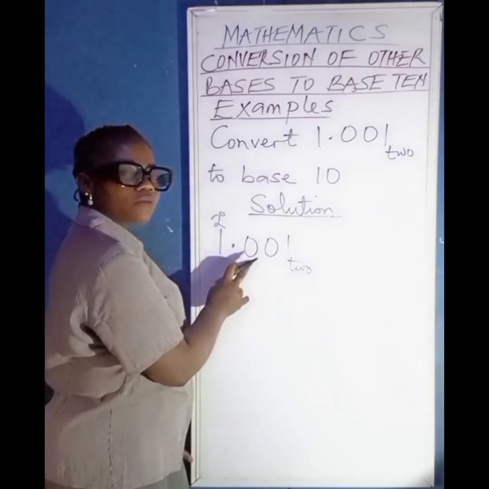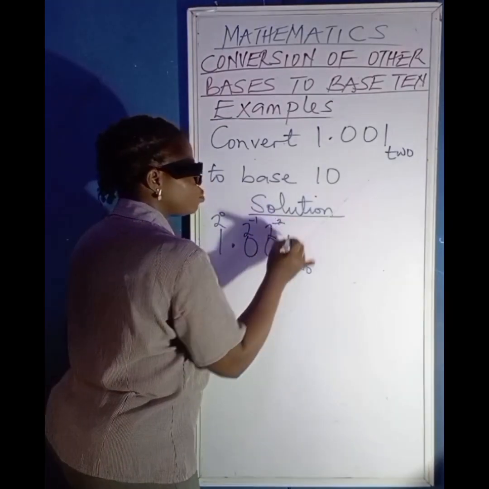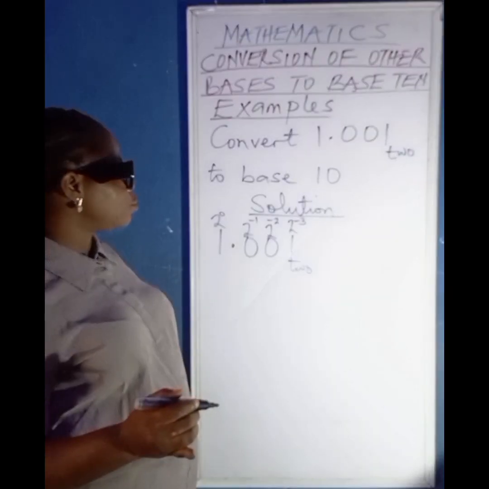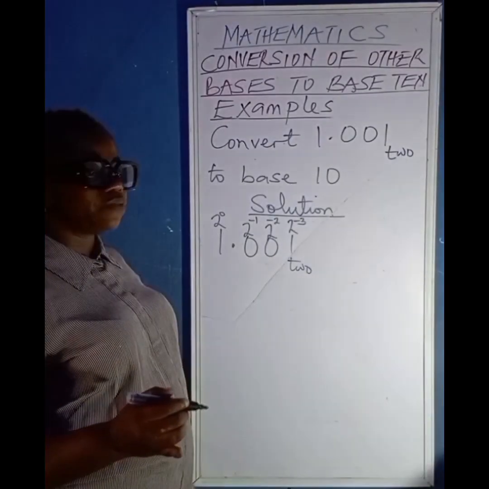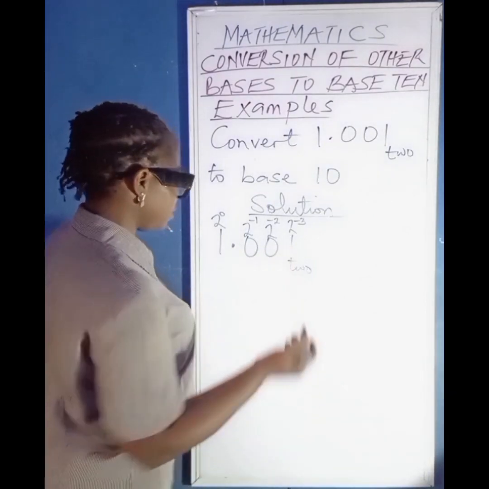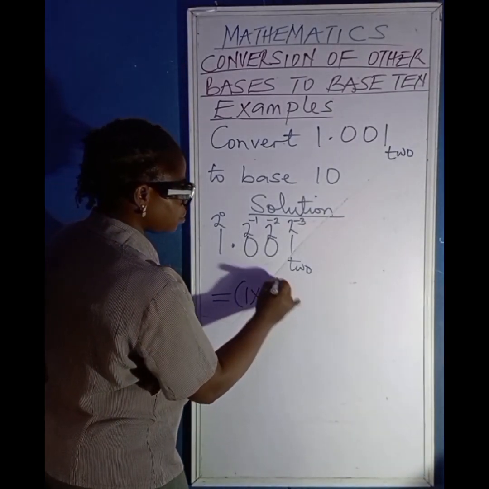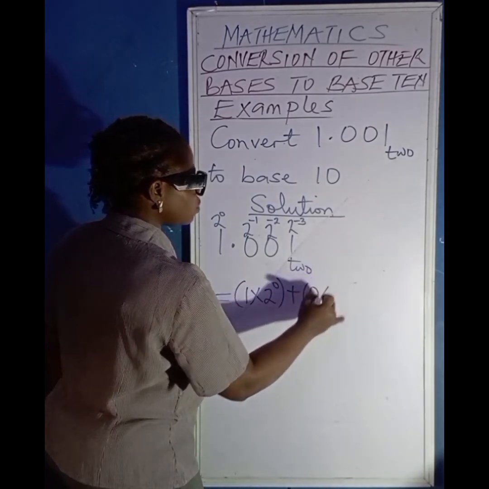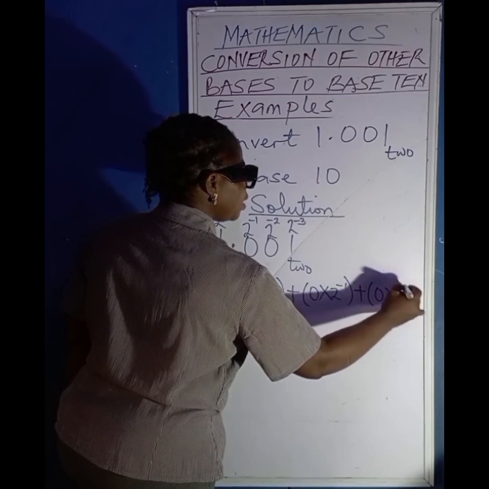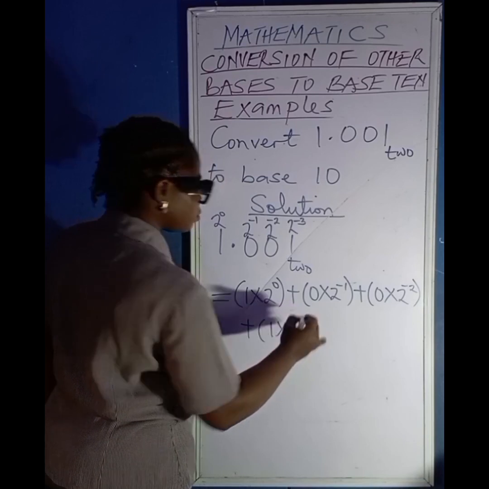The place value of this 0 is 2 raised to power minus 1, this is 2 raised to power minus 2, and this one is 2 raised to power minus 3. Those are the place values. So we will use the place values to convert from base 2 to base 10. Here I have 1 times 2 raised to power 0, plus 0 times 2 raised to power minus 1, plus 0 times 2 raised to power minus 2, plus 1 times 2 raised to power minus 3.